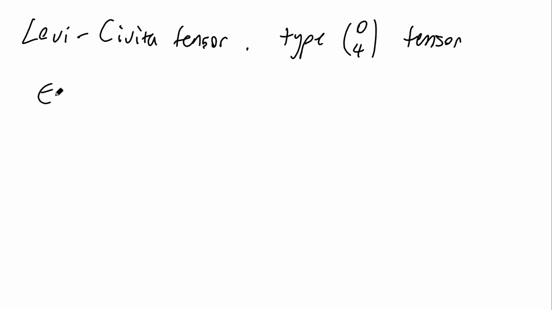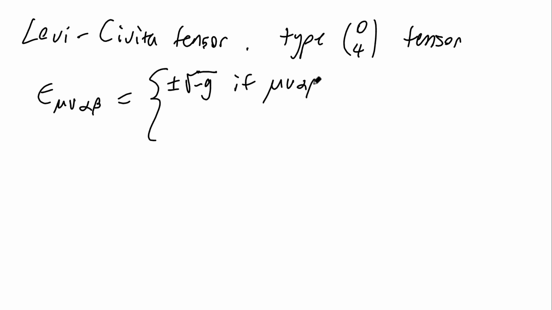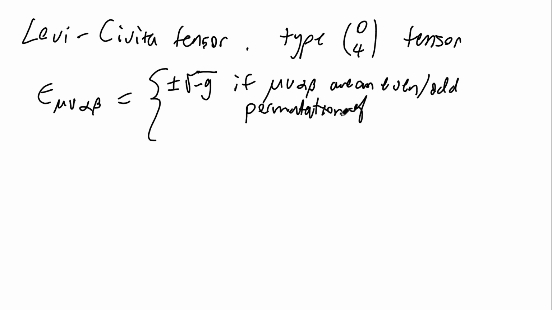It's usually given the symbol epsilon, so epsilon mu nu alpha beta is equal to plus or minus the square root of minus g, that's the determinant of the metric, if these indices, mu, nu, alpha, and beta, are an even or odd permutation of 0, 1, 2, 3.